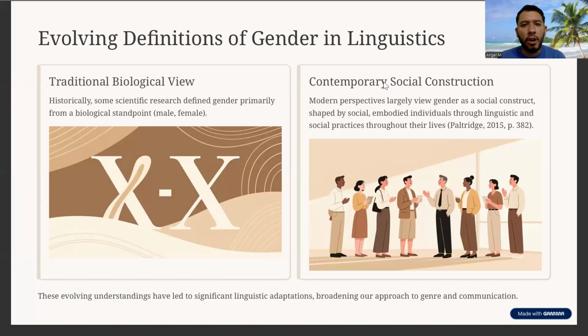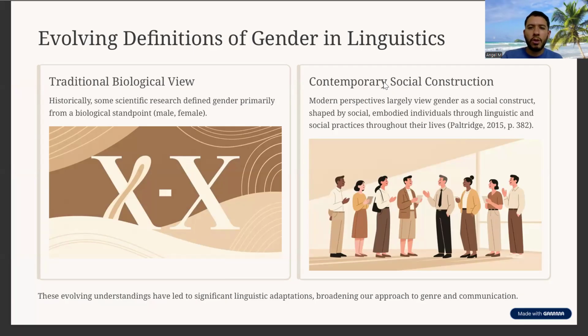Evolving definitions of gender in linguistics. Traditional biological view: historically, some scientific research defined gender primarily from a biological standpoint, with male and female. But we have other constructions.